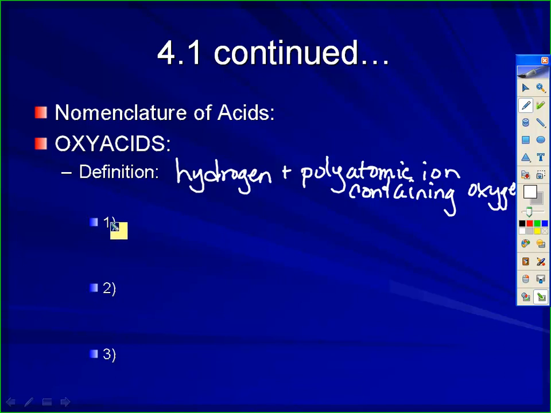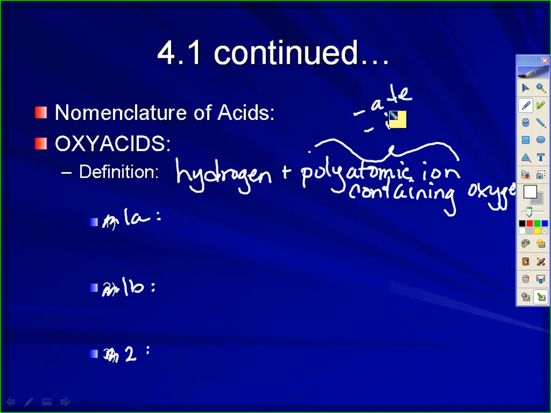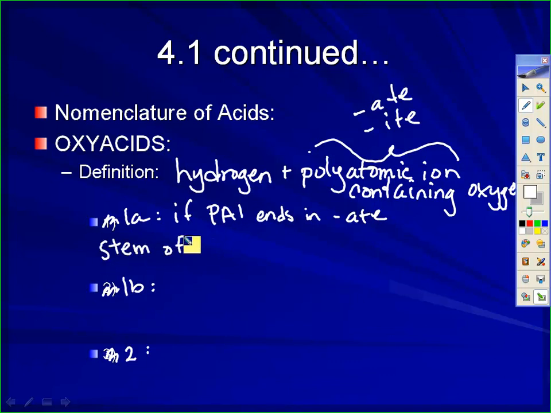I'd like to renumber these, so these say 1A, 1B, and 2 here. What we need to look at for our nomenclature of our oxyacids is what our polyatomic ion ends in. Our options are ate or ite. If your polyatomic ion ends in ate, we're going to use the stem of your polyatomic ion and add ic to that stem.